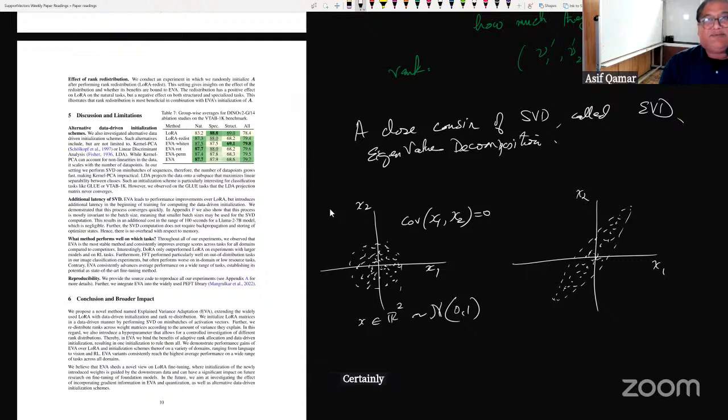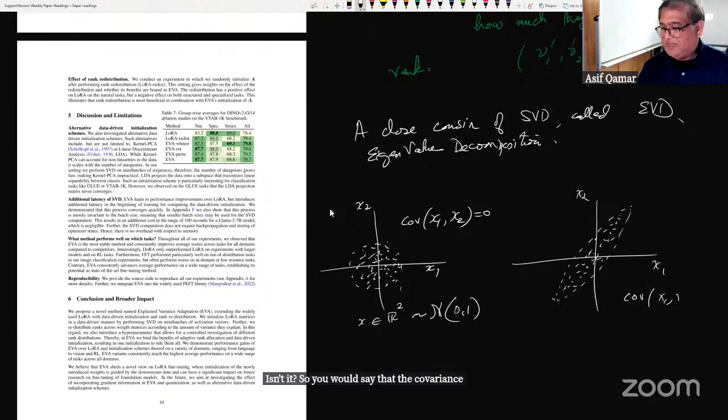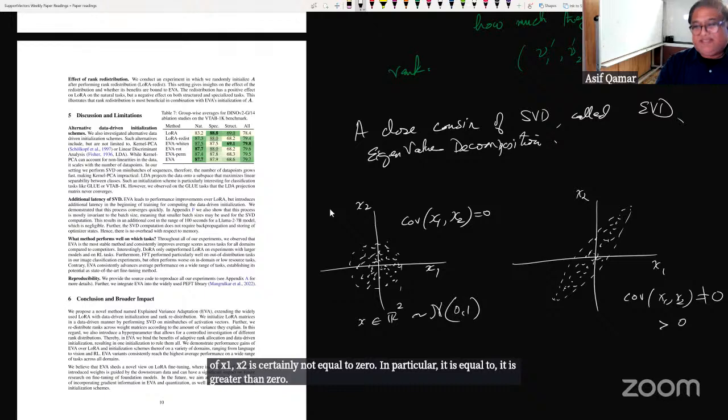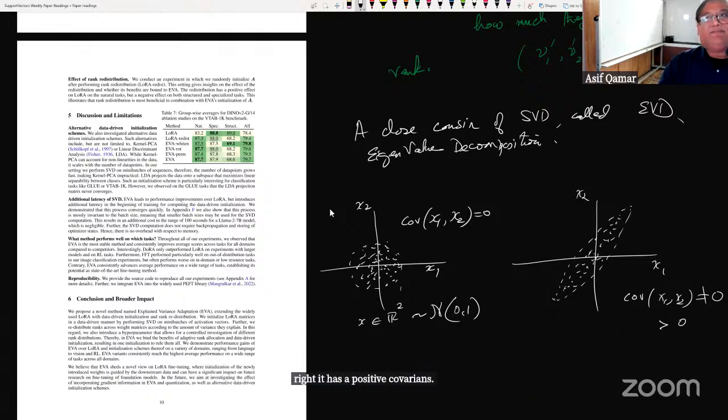If you increase X1, X2 also increases, isn't it? So you would say that the covariance of X1, X2 is certainly not equal to 0. In particular, it is greater than 0, right? It has a positive covariance. So from this, now observe, the former has no relationship. The latter has a relationship. It's a linear relationship.